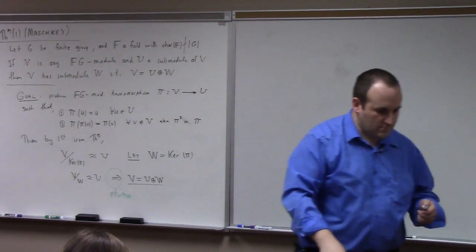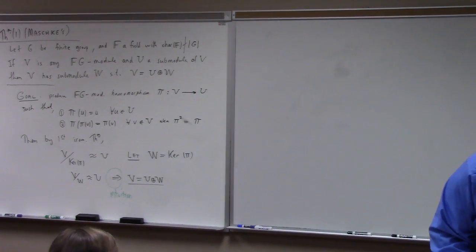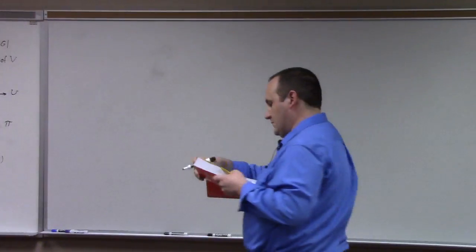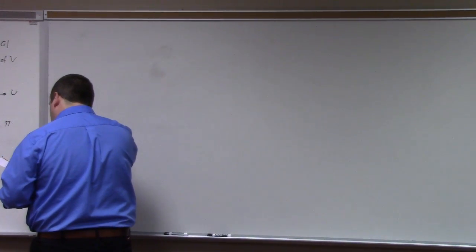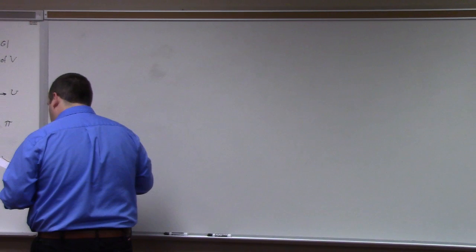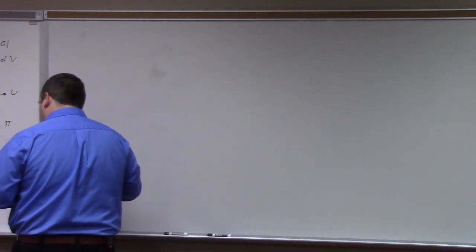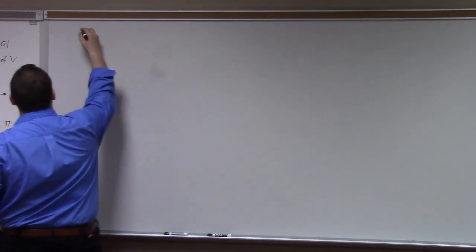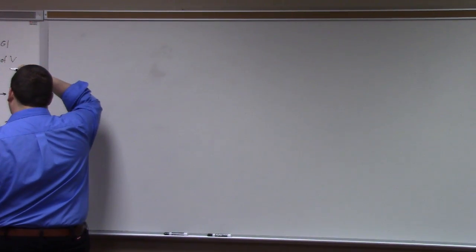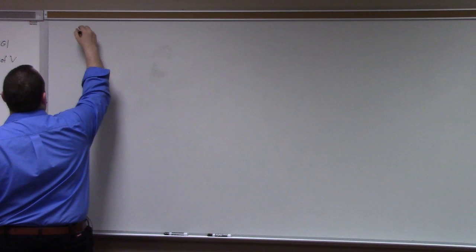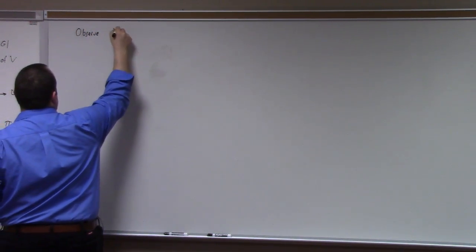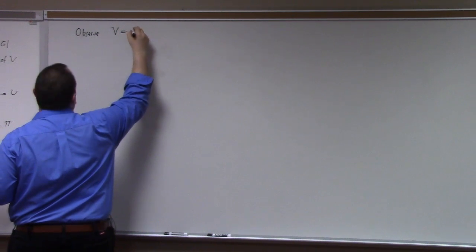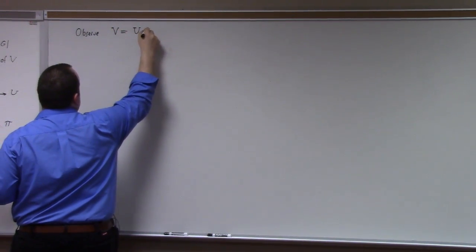Okay, so what he says: since U is a subspace, it has a vector space direct sum complement W naught in V. So assume the conditions of the theorem, and observe that V is equal to U direct sum W naught.